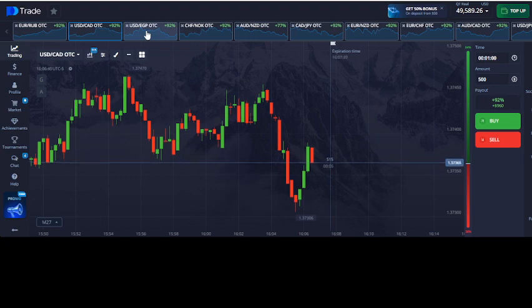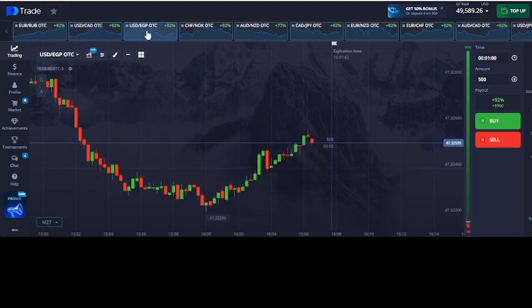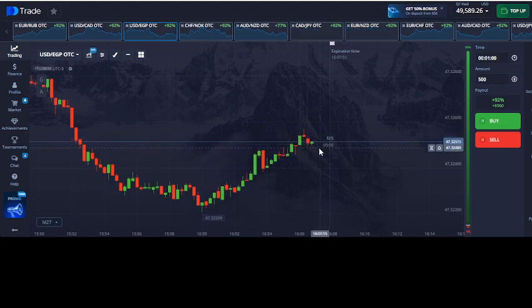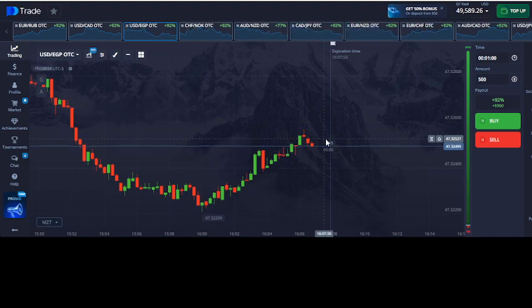I don't like the way it's behaving. Okay, so we have a gap here. But generally, let's keep an eye on this one. All right, we have a second gap.